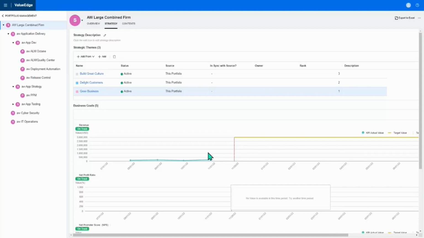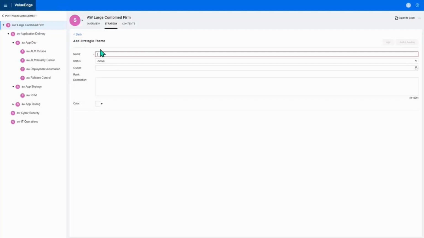So as we're looking at the view here of those different strategic themes, they are managed either at a global level or from a local level. I just want to point out that you have the ability of adding things from a global set of strategic themes or adding a new strategic theme at this local portfolio level.